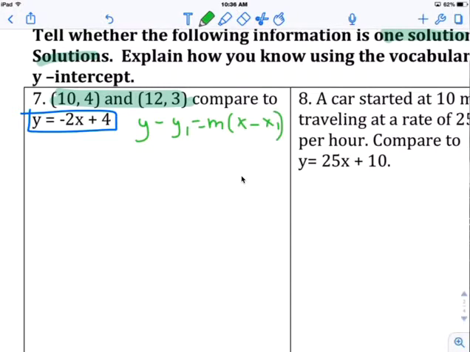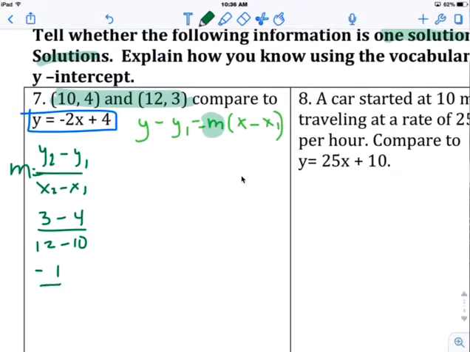Okay, so y2 minus y1 over x2 minus x1 to find the slope to put in here. So y2 is 3 minus 4 over 12 minus 10, so it's negative 1 over 2.